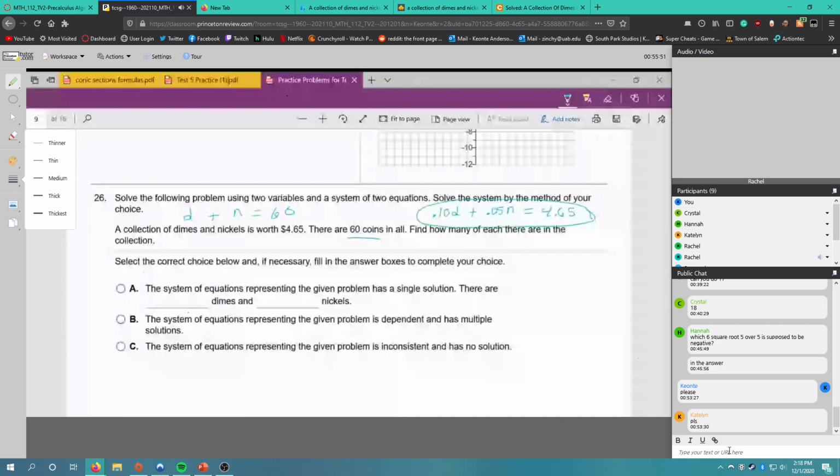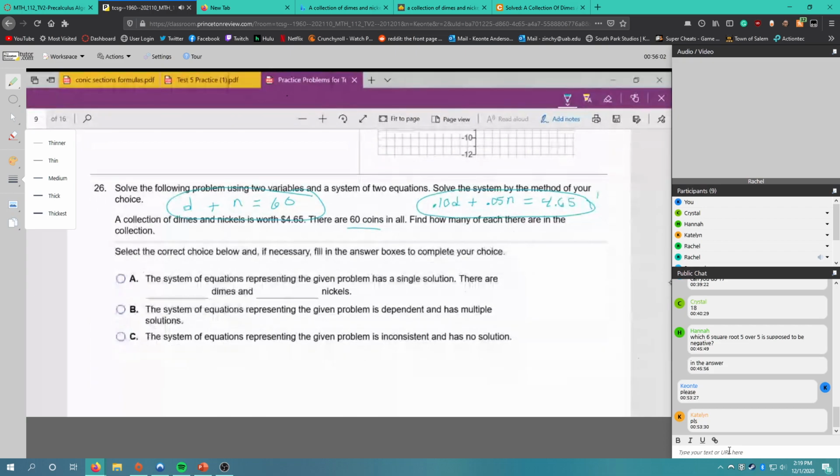And I would definitely multiply by 100 and just get rid of those decimals on that second one before I worked it out. So first I would multiply this by 100. That would give me 10D plus 5N equals 465.